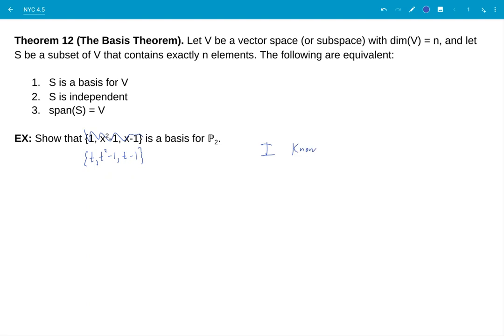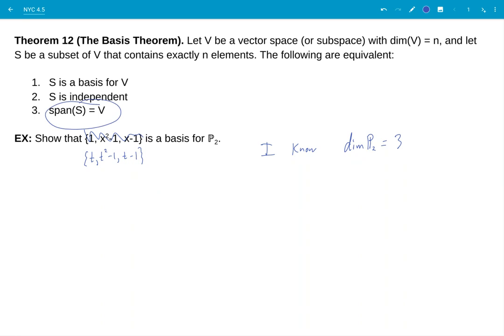Okay, I know that the dimension of P2 is 2 plus 1, which is 3. So that means that having a set with 3 elements, I need only check this or this. Which one's easier?